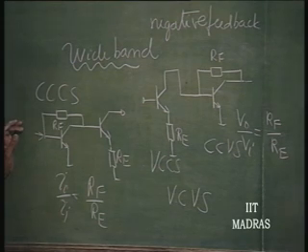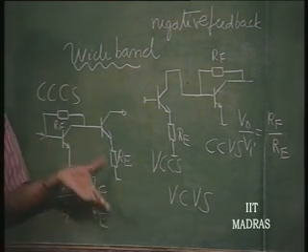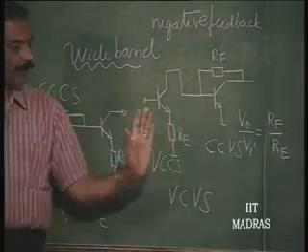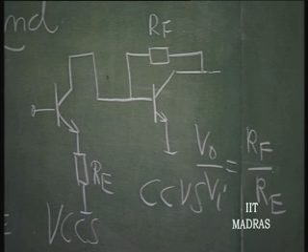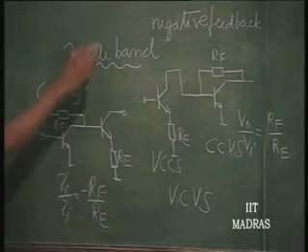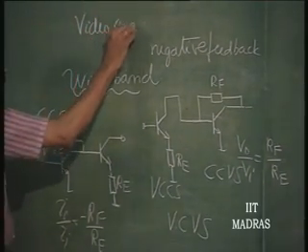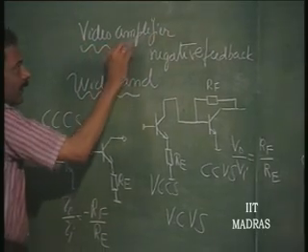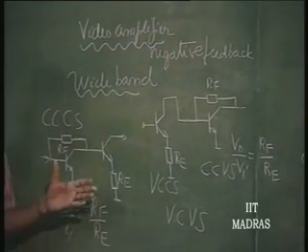So, this is going to be current control current source, that is voltage control voltage source, and the individual things are voltage control current source and current control voltage sources, which are wideband structures which are used all over for video amplifier applications, and these ICs are available as video amplifier ICs.